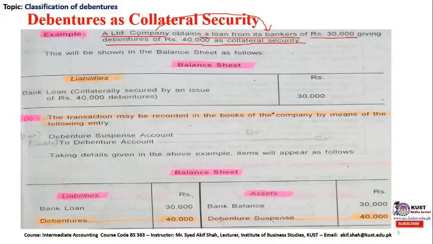And in order to keep a certain amount as a cushion or safeguard, the bank has asked to keep 40,000 rupees of debentures as collateral security for the 30,000 cash loan amount.